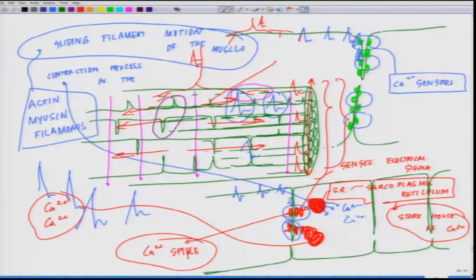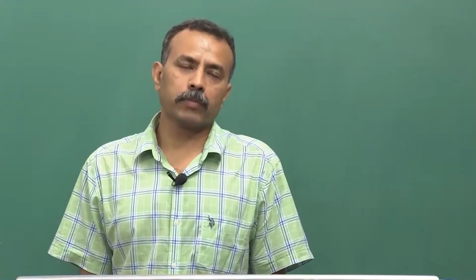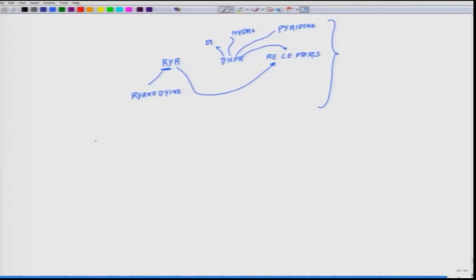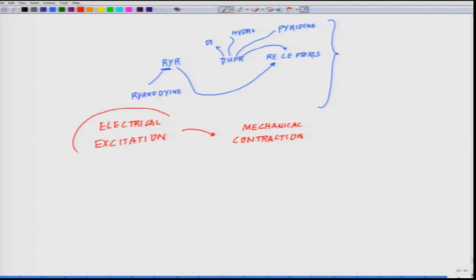So this whole process is called excitation, contraction, coupling apparatus, because there is an excitation which is electrical excitation, which I told you what it is, leading to a contraction which is a mechanical contraction, electrical excitation leading to mechanical contraction.